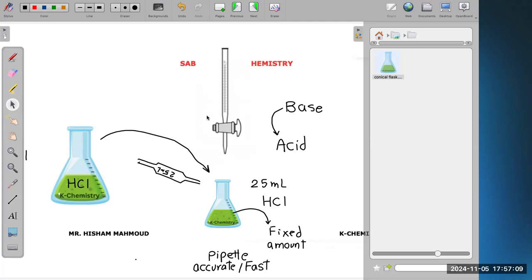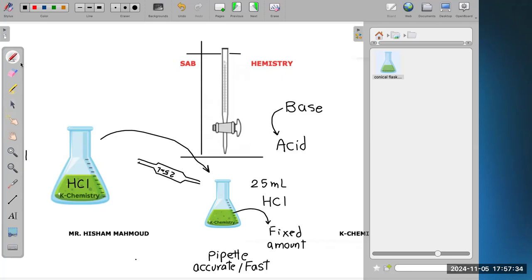So you need to fix it to something. So what to do? I need to put it constantly on a surface. So I will just bring something called a stand. This is a stand. It's like a metal piece, and then you will put something called a clamp to it.